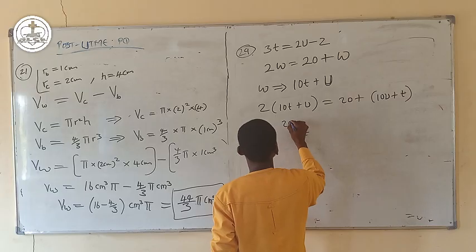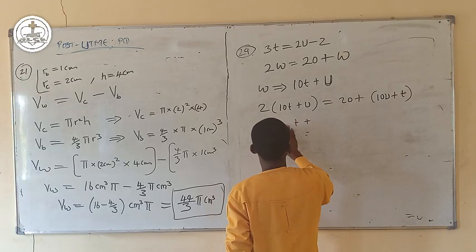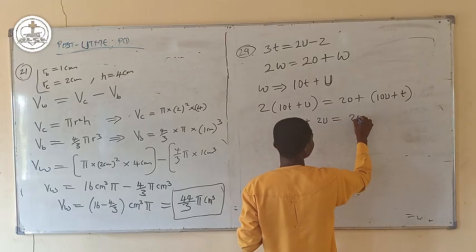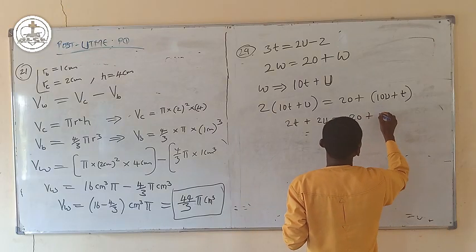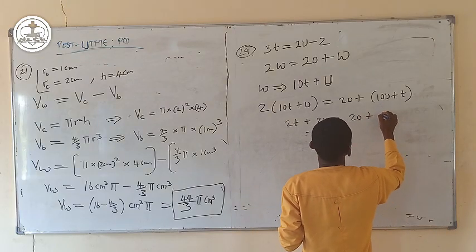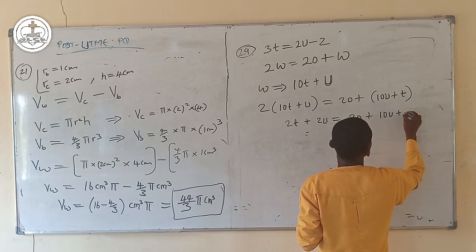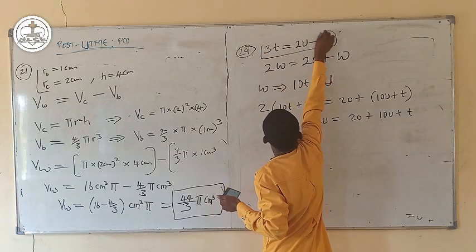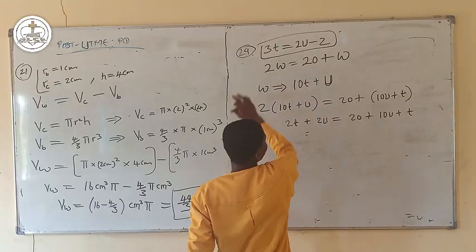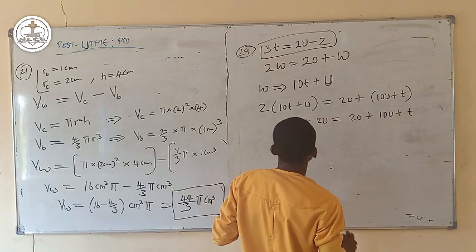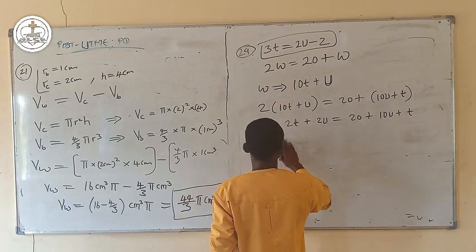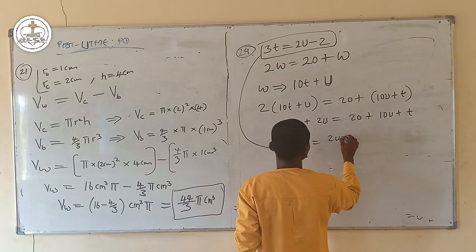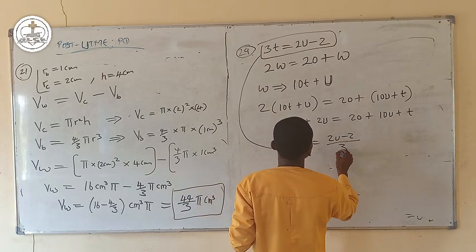So what do we have here? We have 20t plus 2u is equal to 20 plus 10u plus t. From our word problem, we can make t the subject. If we make t the subject, we get t is equal to 2u minus 2 over 3.